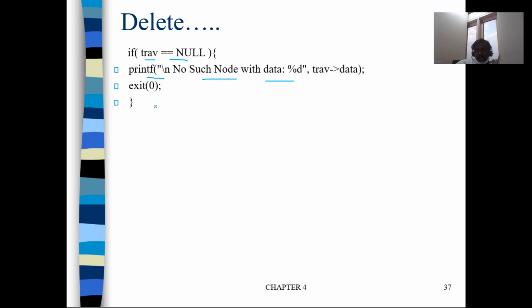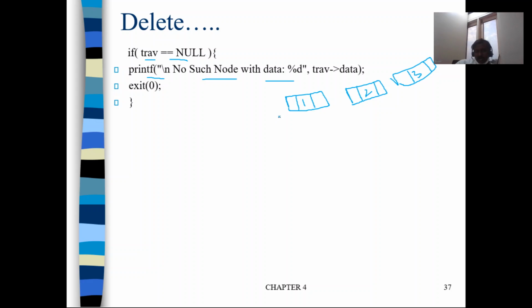Okay, so how will we delete? Let us try to understand. Let us assume again a simple case with 3 nodes, because we have already discussed the case for deleting the first node. Let us assume the node we want to delete is node 2. So this is node 1, node 2, and this is node 3.